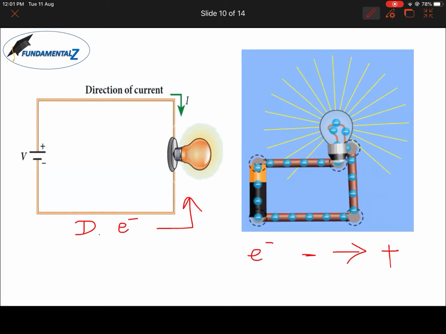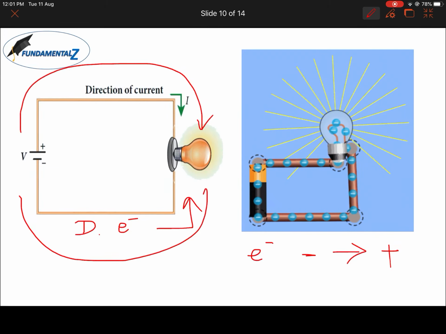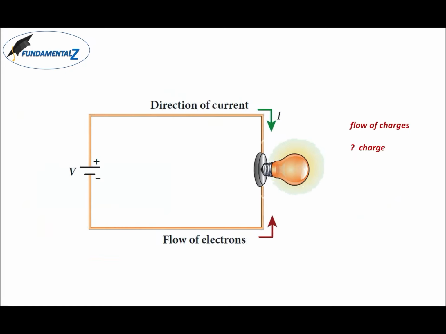The current will flow from the positive end to the negative end, and the electrons will flow from the negative end to the positive end, indicating that the current as well as the electrons are flowing in opposite directions. So I can say the direction of current and the flow of electrons is opposite.